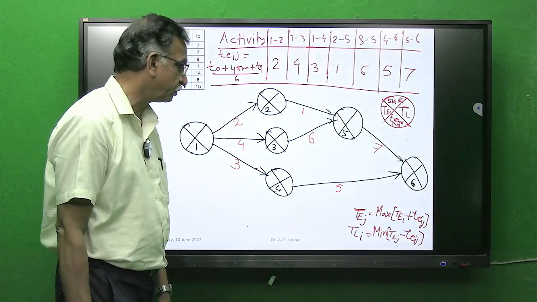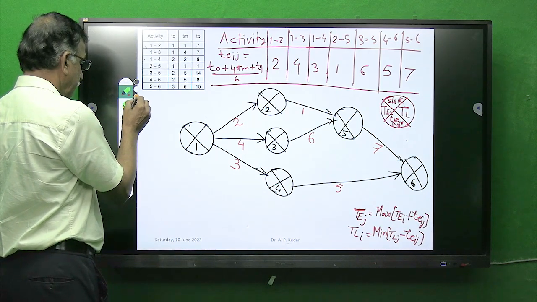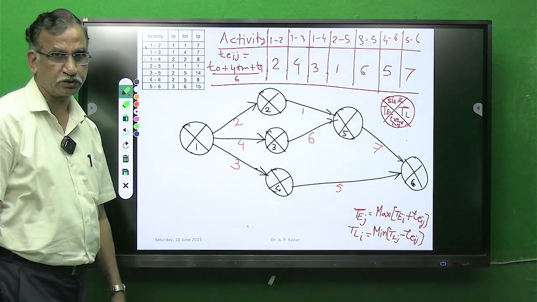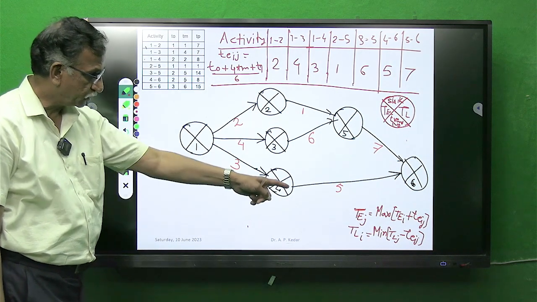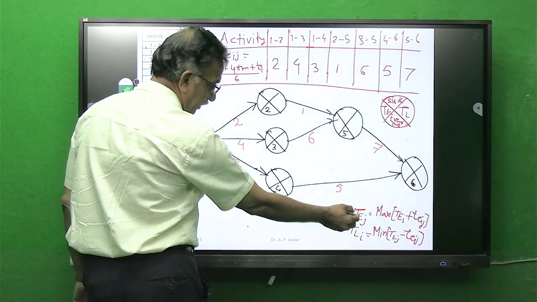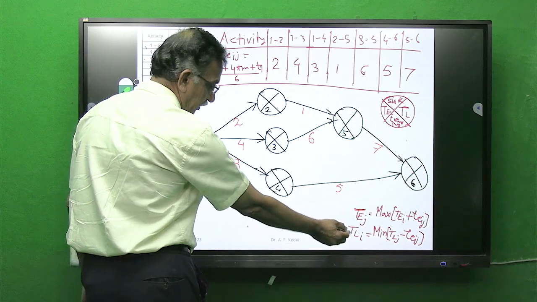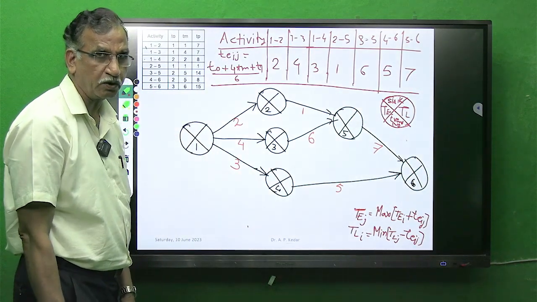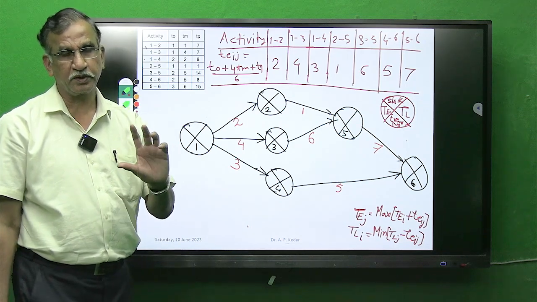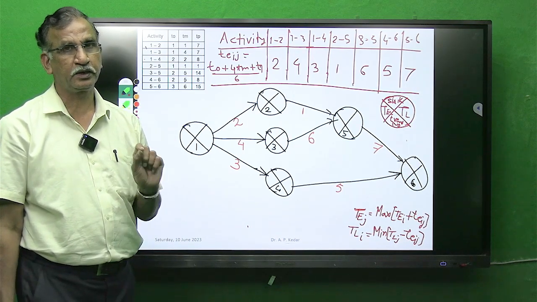So now let's move ahead from our last discussion. Focus your attention on the calculation of these various values. TEJ is in the forward pass, TLI is in the backward pass. I have explained the meaning of TE: E is earliest and T is time.